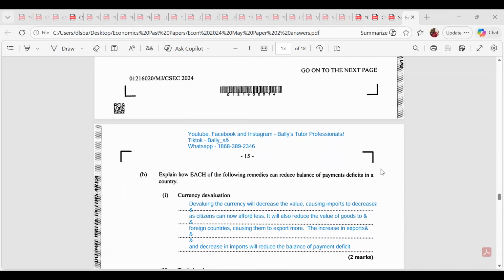But because our currency is cheaper, our goods will cost less to foreign countries, which will allow us to export more because they will buy more. So you'll have an increase in our exports and a decrease in our imports.